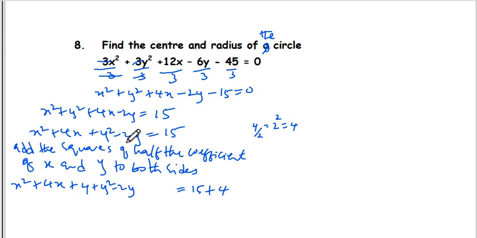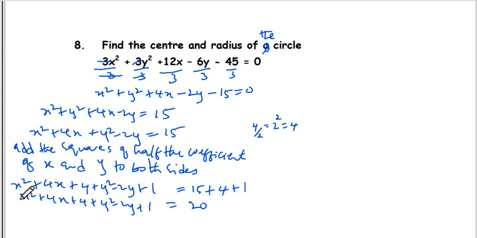Half of minus 2 is minus 1. Minus 1 squared is 1, so we add plus 1. So that becomes x squared plus 4x plus 4 plus y squared minus 2y plus 1 is equal to 20.